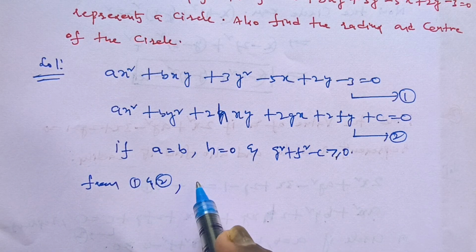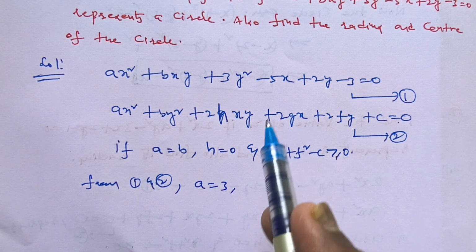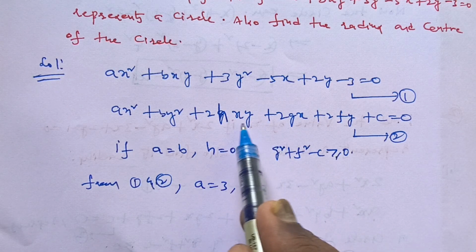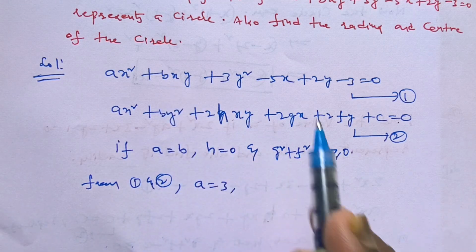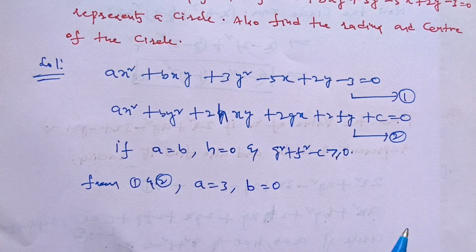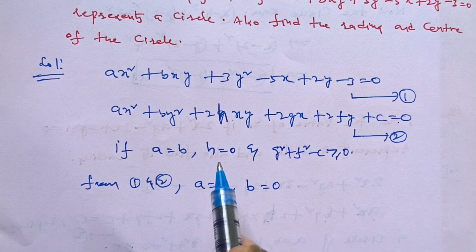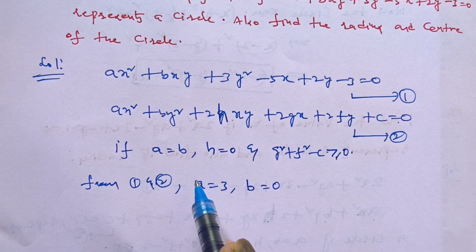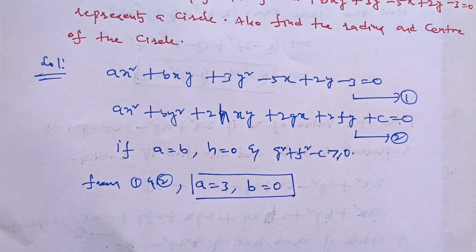So from this a equals to 3, and the coefficient of xy should be 0. That's why b equals to 0. Therefore we get a value 3 and b value equals to 0.